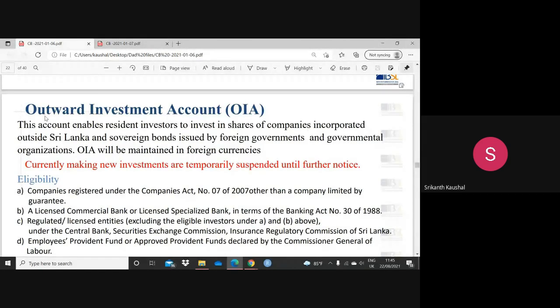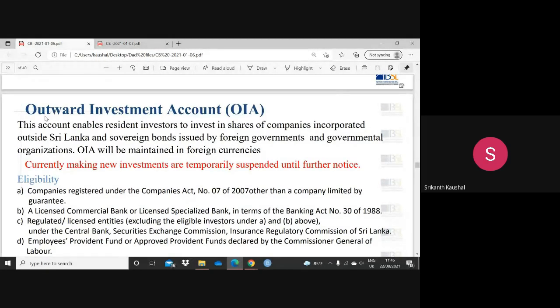Outward investment means, so you can read the first para. This account enables resident investors to invest in shares of companies incorporated outside Sri Lanka, sovereign bonds issued by foreign government. OIA will be maintained in foreign currency. There's no LKR because you're going to invest.